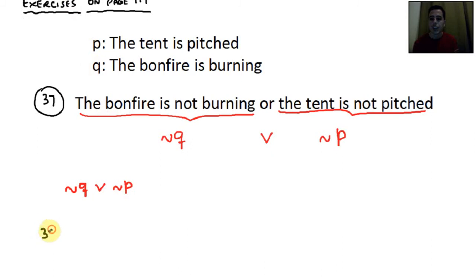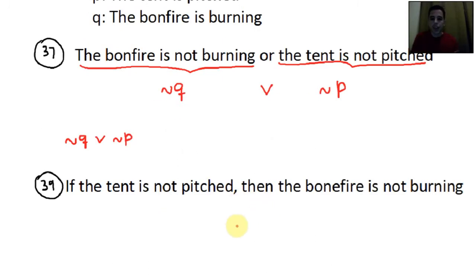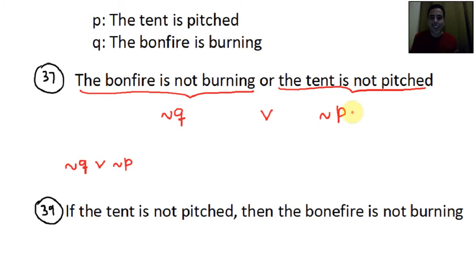Then let's look at 39. Let me write the statement here. If the tent is not pitched, then the bonfire is not burning. Again, two statements. This is a conditional statement. Here is one statement and here's the other, connected through the if-then, the conditional.